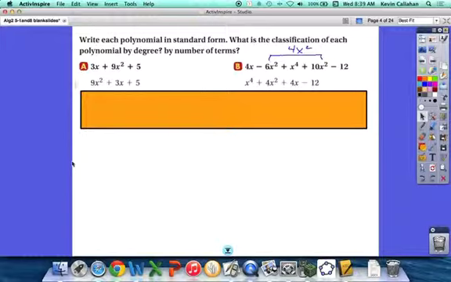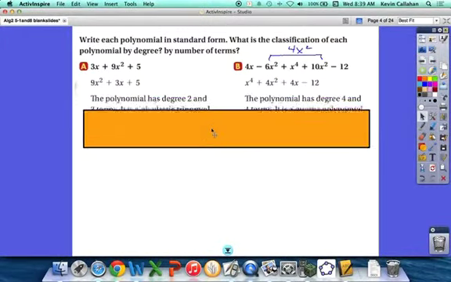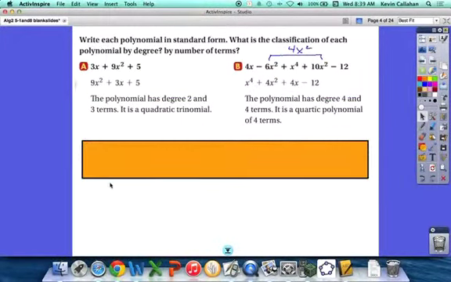By degree, it's quartic, and by number of terms, it's... Deshaun? It's a polynomial. It's got at least 4 terms. So this is a quadratic trinomial. This one is a quartic polynomial.